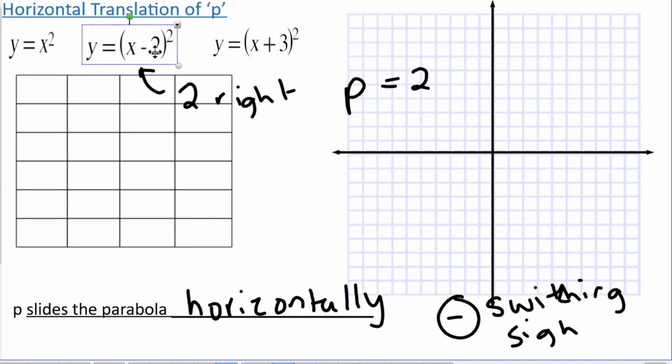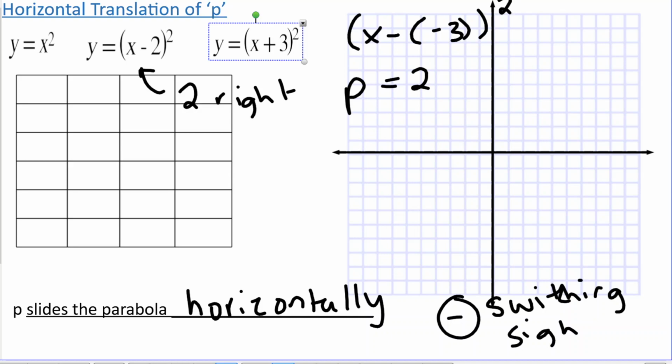So in this second one, p is positive 2. In this third one, remember we said p follows the subtraction sign. Well, we don't have a subtraction sign here. But what if I wrote this as x minus negative 3 squared? Right, that's the same thing. And we can see now that I'm actually subtracting a negative 3.